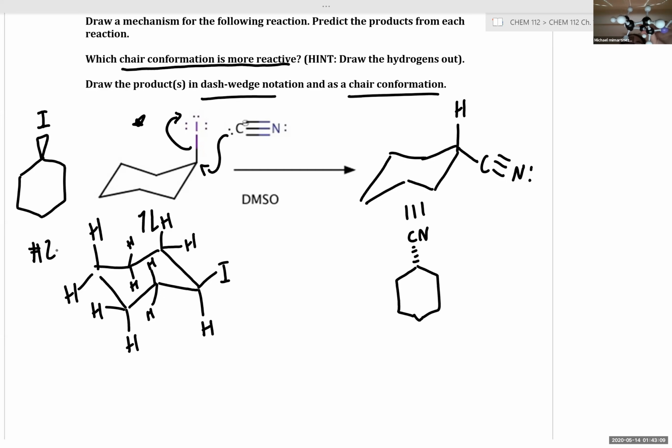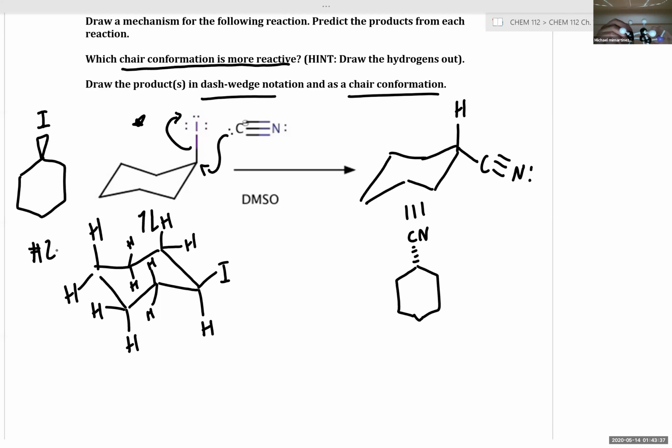But my question to all of you is, which side is the backside of our iodine? Is it on the bottom, or is it on the inside of our ring? Where's the backside of our iodine? Where is that sigma star? It's more on the inside.